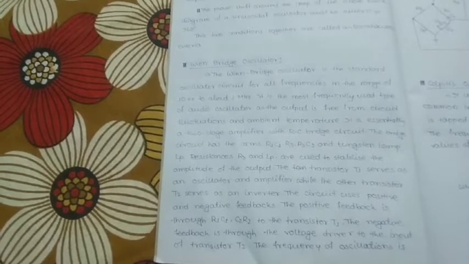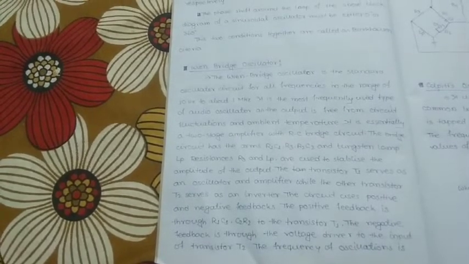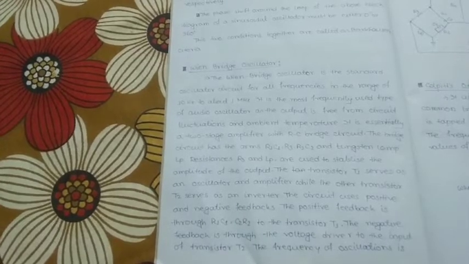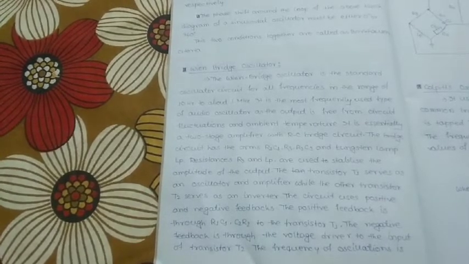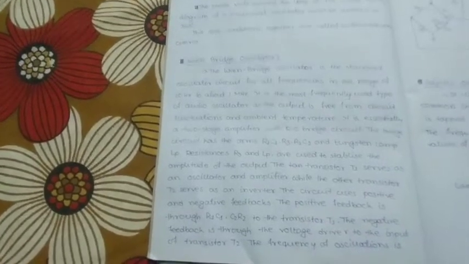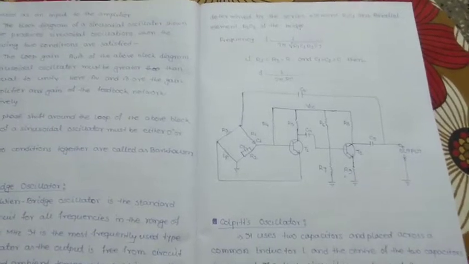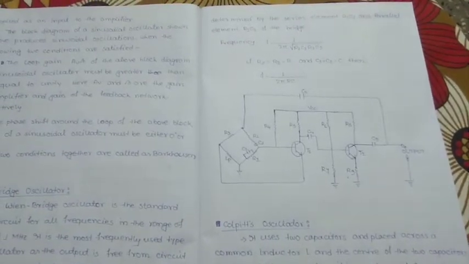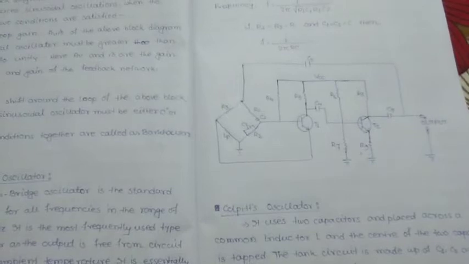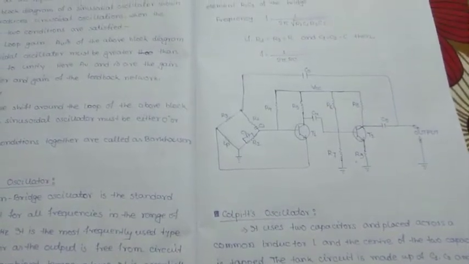In RC oscillator, we saw that a number of resistors and capacitors are connected together with an inverting amplifier to produce an oscillating circuit. The frequency of oscillation is determined by the series element R1 C1 and parallel element R2 C2 of the bridge.